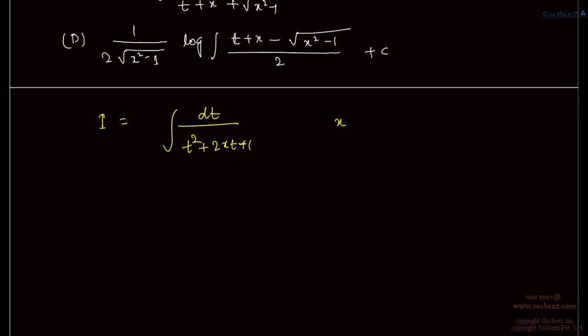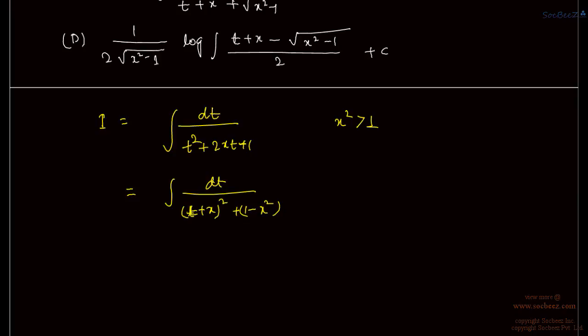And it is given that x square is greater than 1. So this integral can be written in the form of dt upon t plus x whole square plus 1 minus x square. Right? We can write t square plus 2xt plus 1 as t plus x whole square and subtracted x square from that, because we have added x square here.